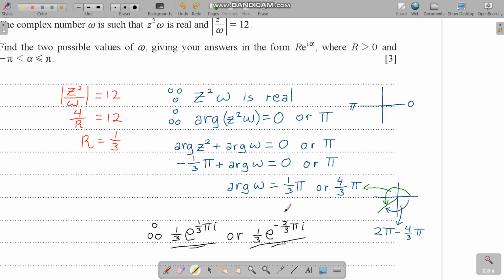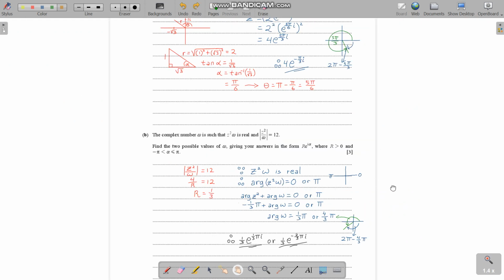So for the final answer, we have two solutions, same modulus, but the arguments can be 1/3 pi or minus 2/3 pi. Two solutions. Alright, I'll see you again next time.